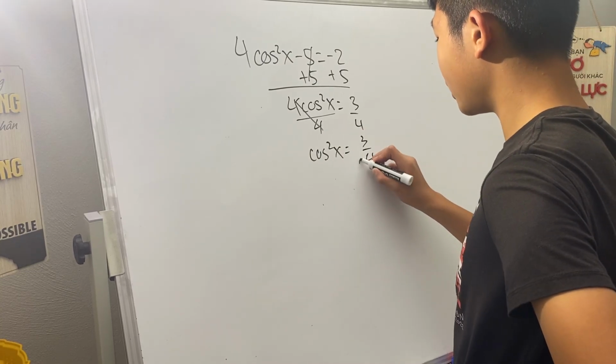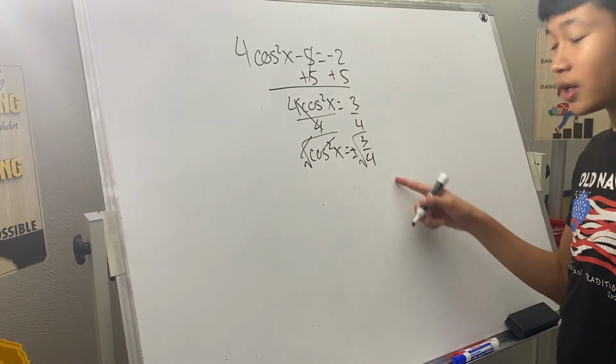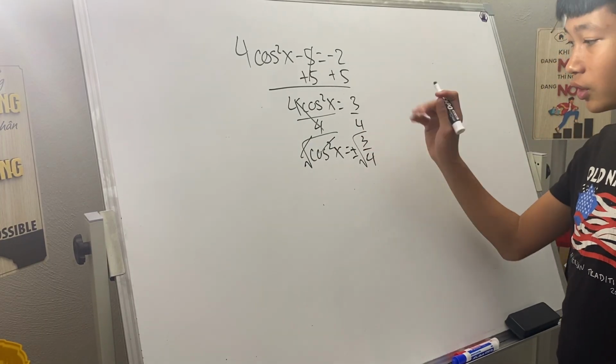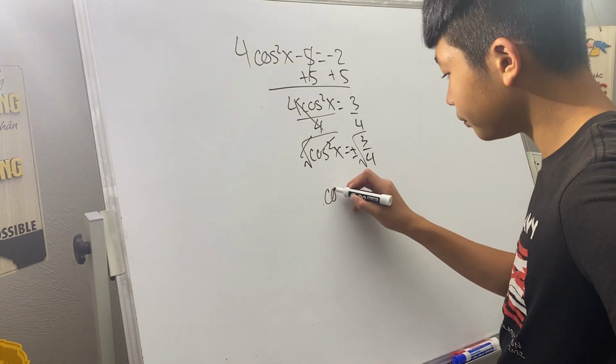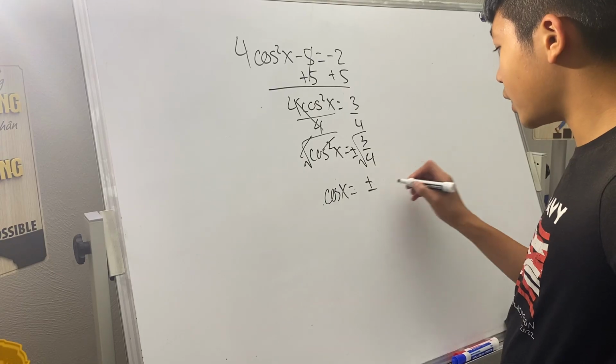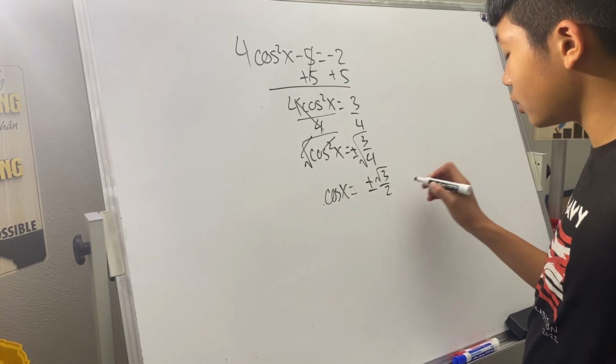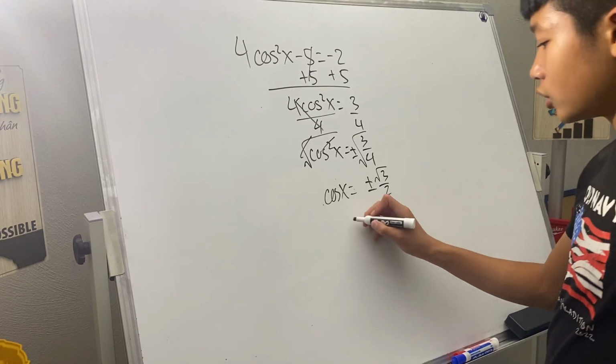I'm gonna do this quickly. You can pause the video if you want to. So we're gonna take the top and bottom. So you just get cosine x equal to plus or minus root 3 over 2. Take the inverse.